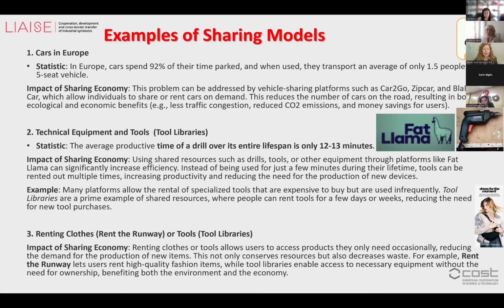So it is useful to share them temporarily using digital platforms. There is also the possibility of renting clothes.